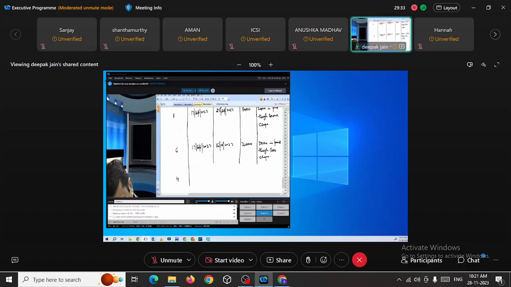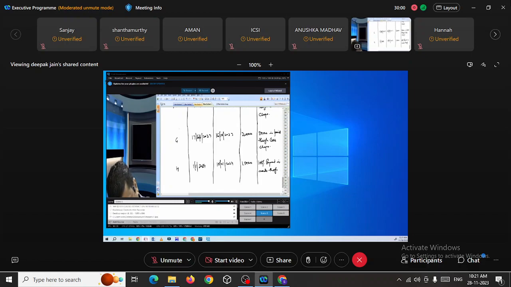H, purchased on 1st January 2024, put to use 10th January 2024, worth rupees 1,50,000. 100% payment is made through RTGS.